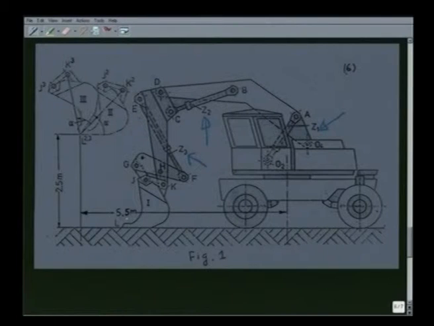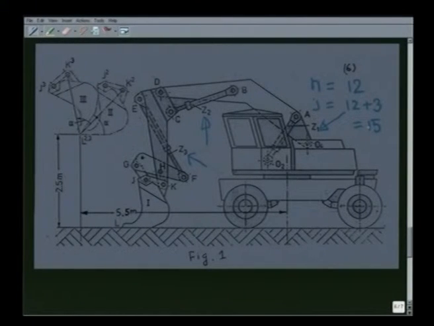If we count the number of links in this mechanism, I will get n equal to 12. This will be clear when we draw the kinematic diagram of this particular machinery. If we count the number of pairs, we will see there are 12 revolute pairs and 3 prismatic pairs. So, j is 15.